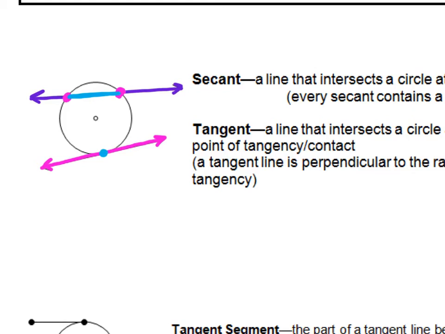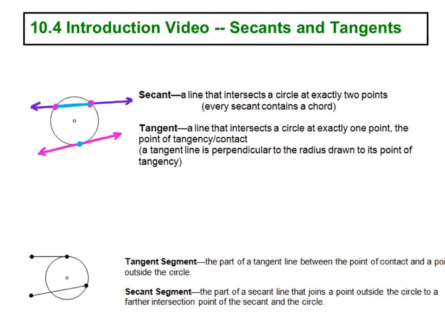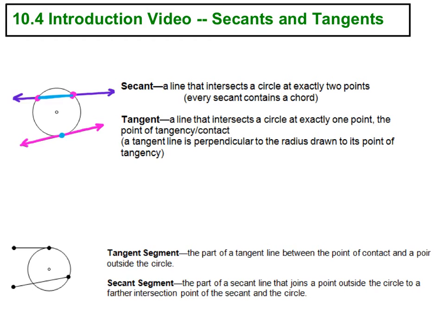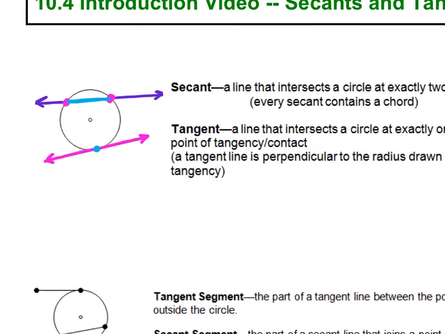And then another part of the definition is that a tangent line is perpendicular to the radius drawn at its point of tangency. So remember that point of tangency is the point of contact.